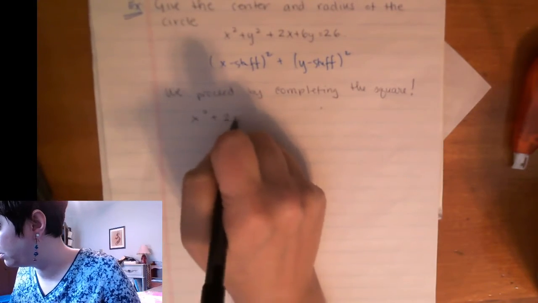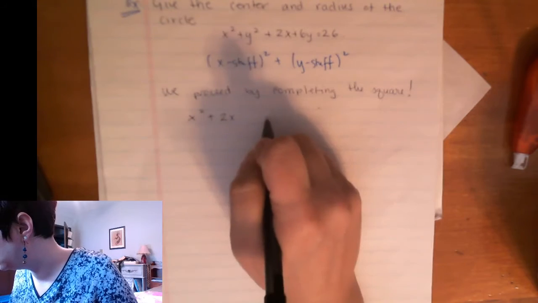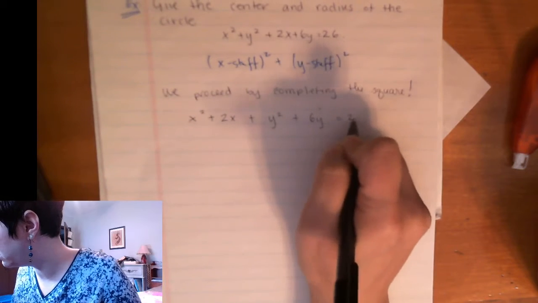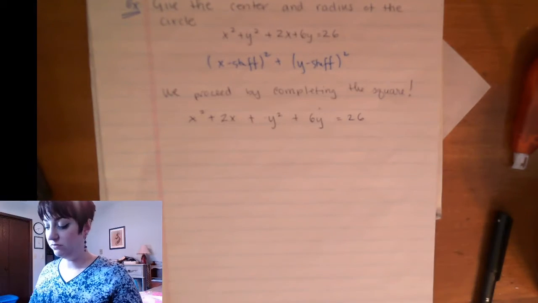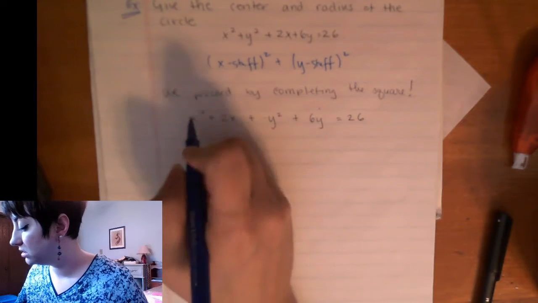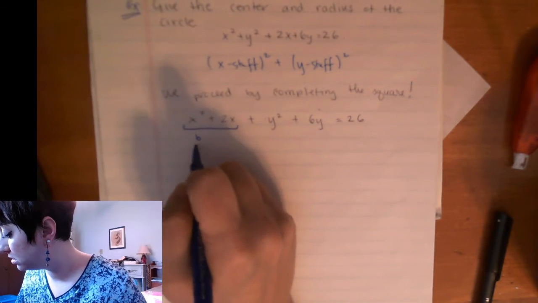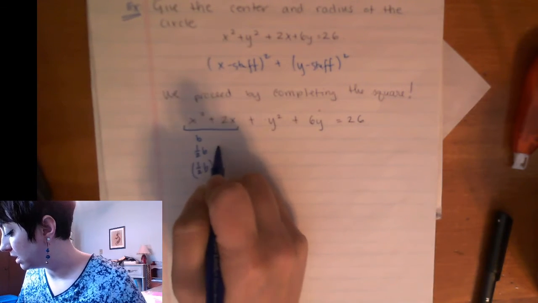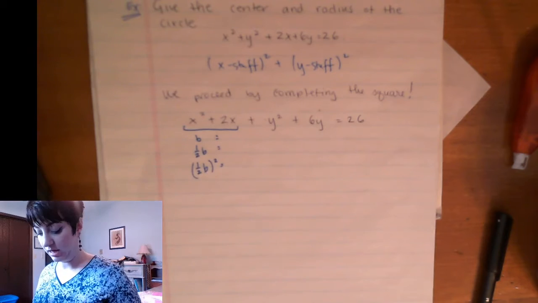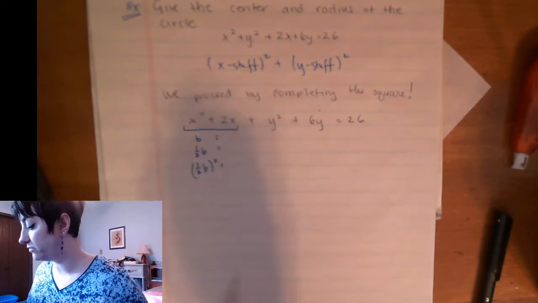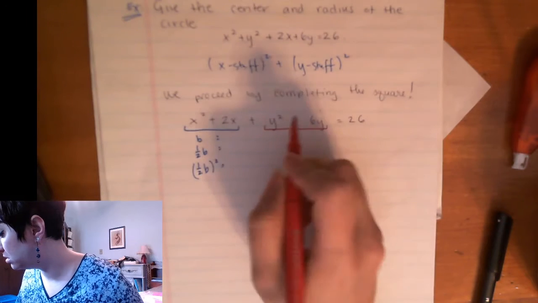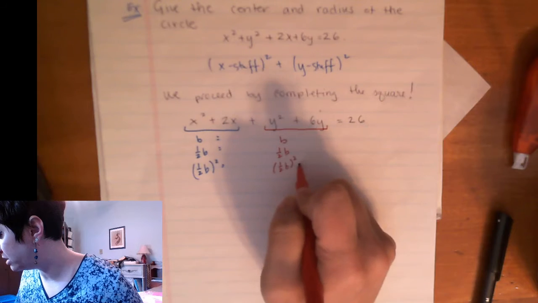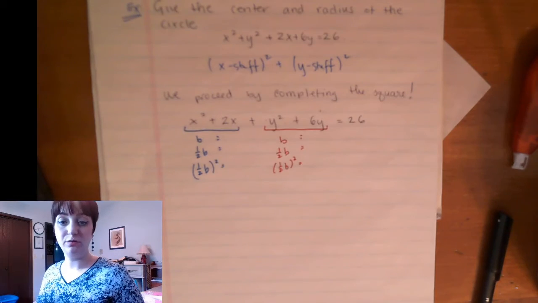All right, so x squared plus 2x plus y squared plus 6y is 26. So I have to find b, half b, and half b squared for the x's, and I also have to find b, half b, and half b squared for the y's, because I want to complete the square for both of them.